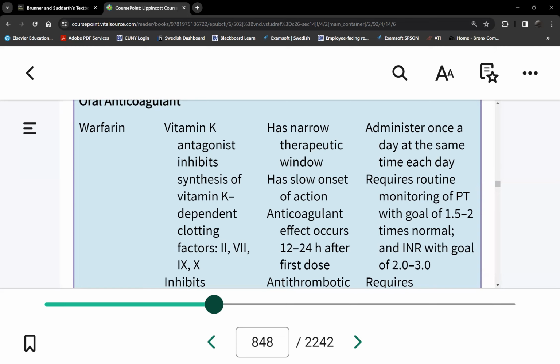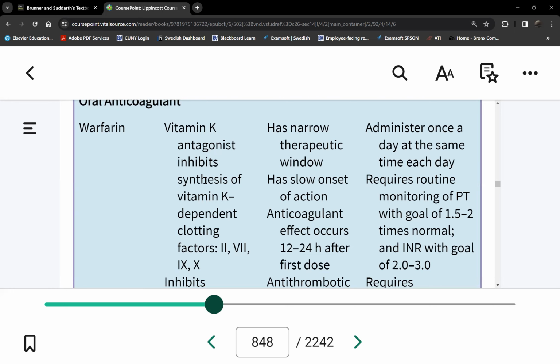So until then, the patient must have both heparin and warfarin at the same time. Why two? Isn't that too much? It's not too much because the one is working, and this one is not working yet. Does that make sense?